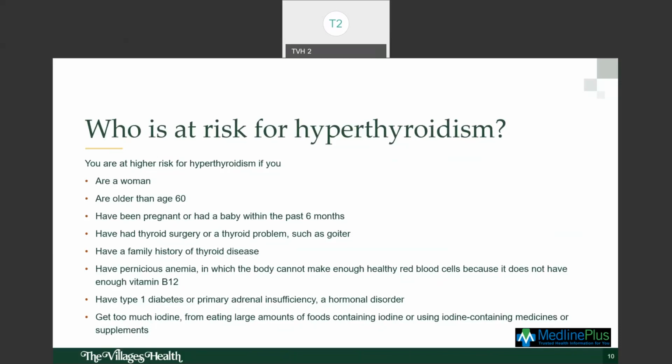So if you're noticing any changes, anything new, it's very important to talk to your doctor so they can do the appropriate testing to see what's going on. The last risk factor that we see on here is getting too much iodine. So eating large amounts of foods containing iodine or using those iodine-containing medications or supplements can put you at a higher risk for developing this condition.